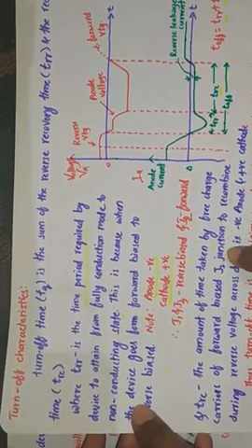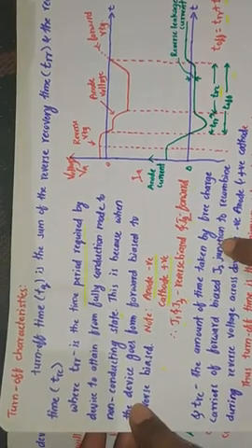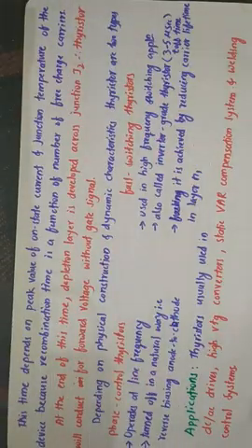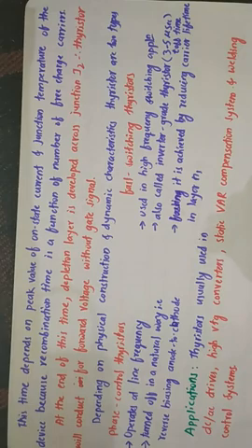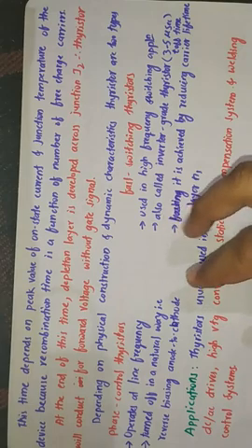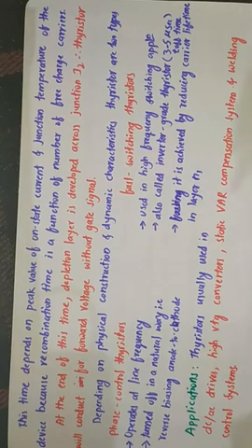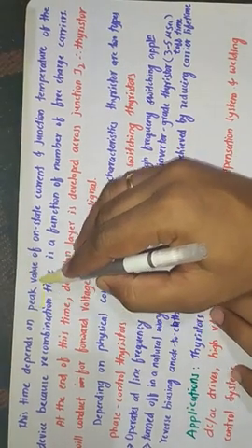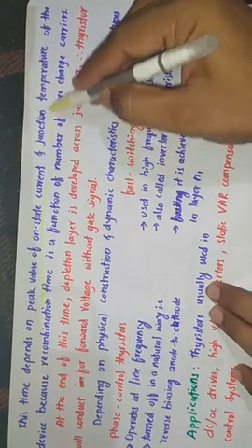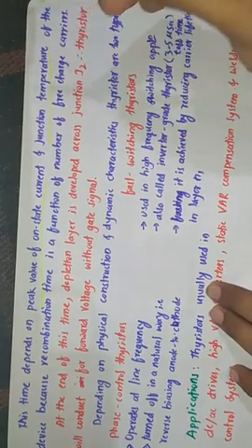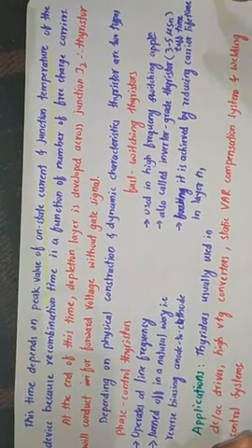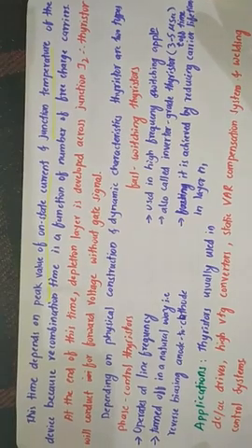So this temperature also matters. You can say the turn-off time depends on two factors: one is the peak value of on-state current, and the second one is junction temperature. Here again I have mentioned this point.